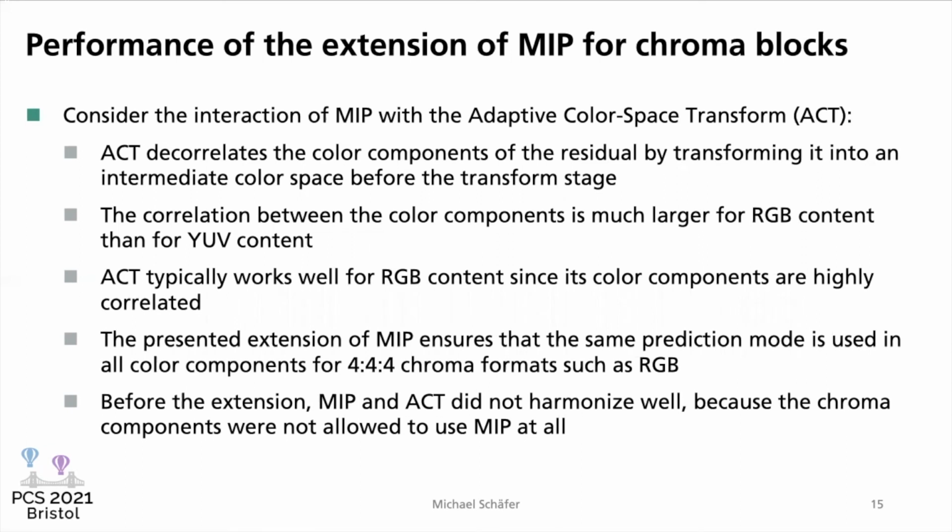Now, the presented extension of MIP to chroma blocks ensures that the same prediction mode is used in all color components. Before the extension, MIP and ACT did not harmonize well, and in fact, it was initially proposed to entirely disable MIP when ACT is used. Instead, our solution allows MIP for chroma blocks and provides substantial coding gain.